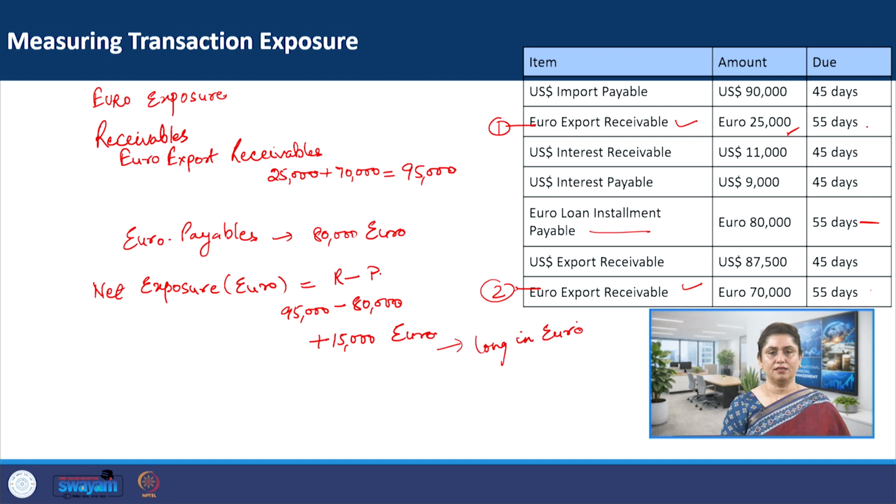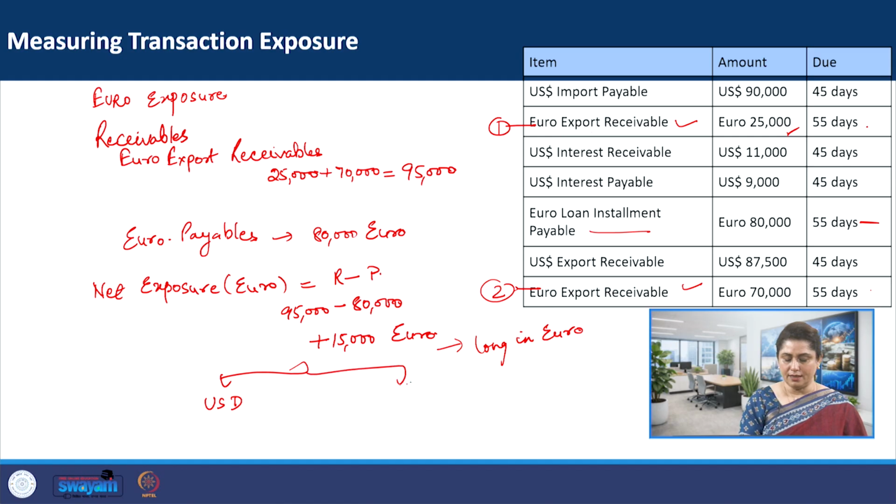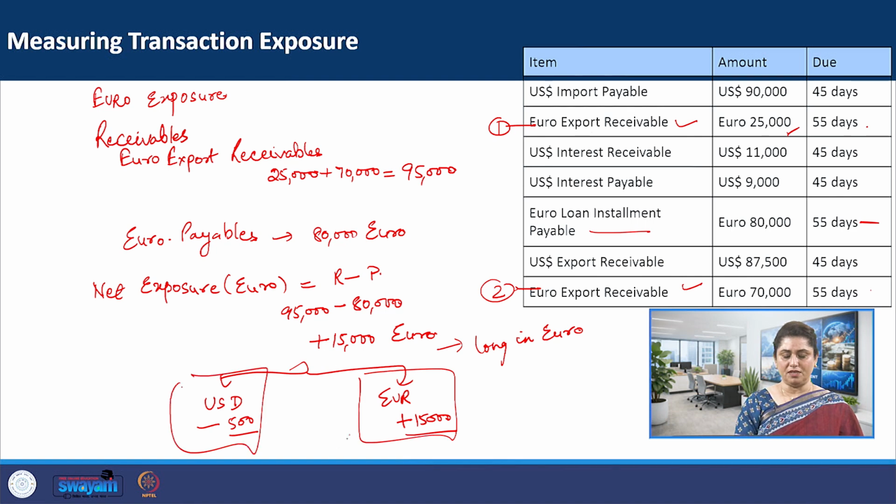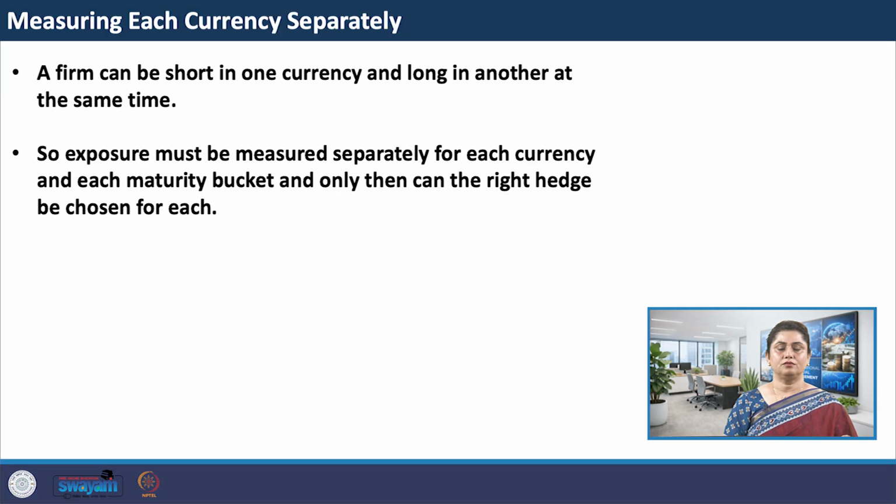So we have two kinds of exposure right now, one is USD exposure and the other is euro exposure. Here the exposure is plus 15,000, we are long in euro, and here it is minus 500, we are short in USD. After knowing this, we are going to find out what the hedging strategy should be for these two exposures. So we will hedge them separately.